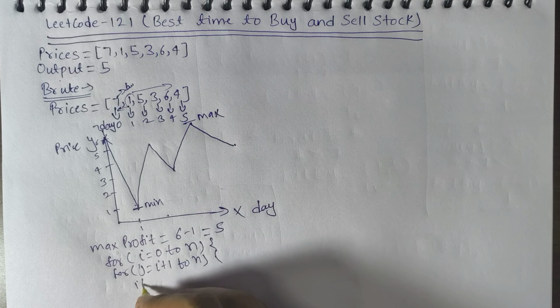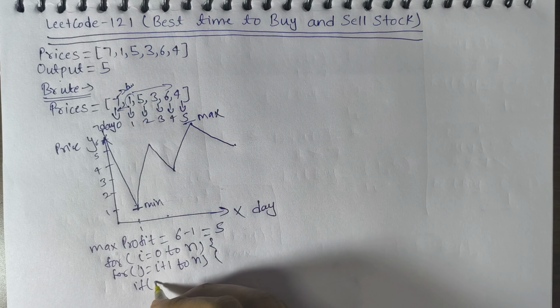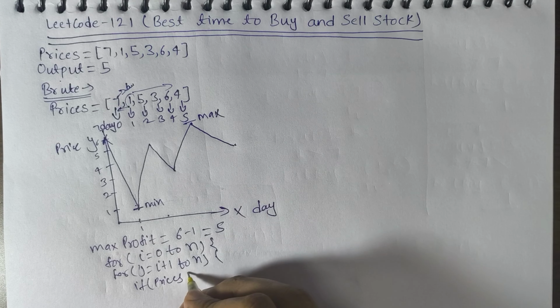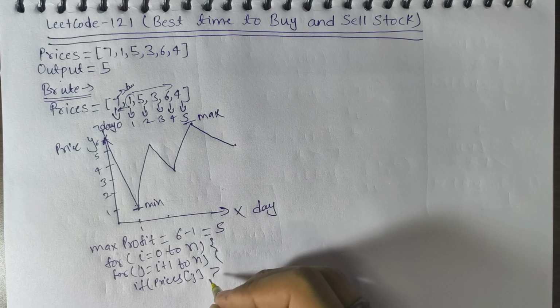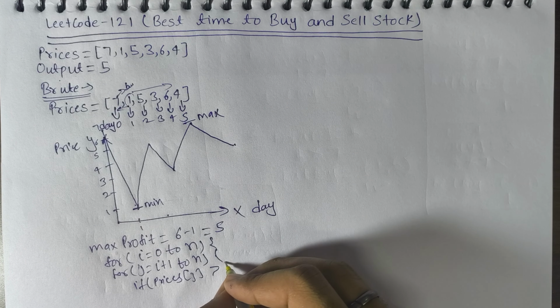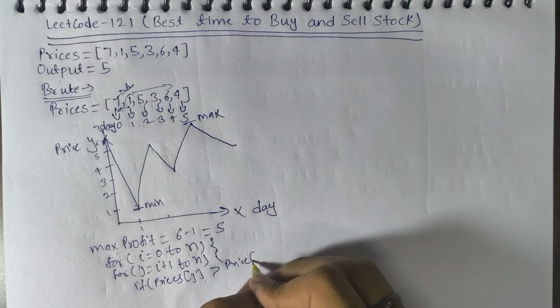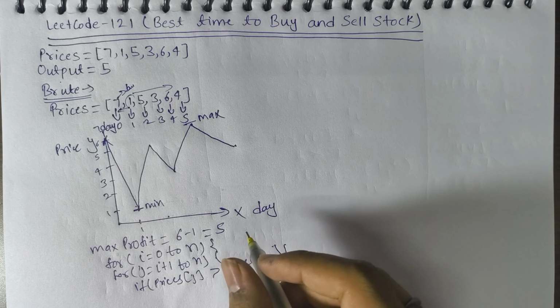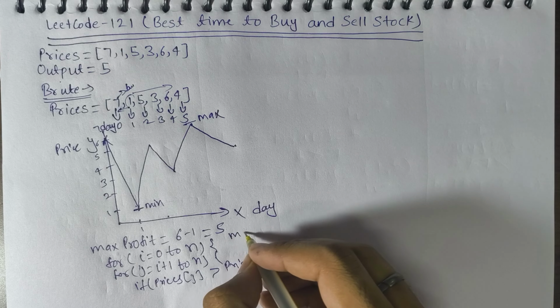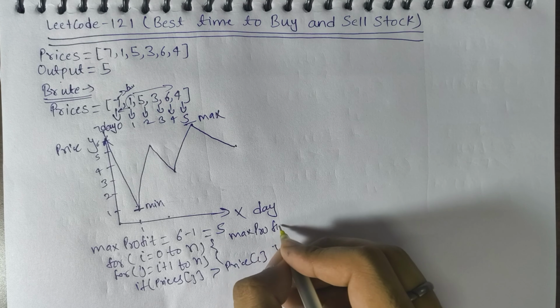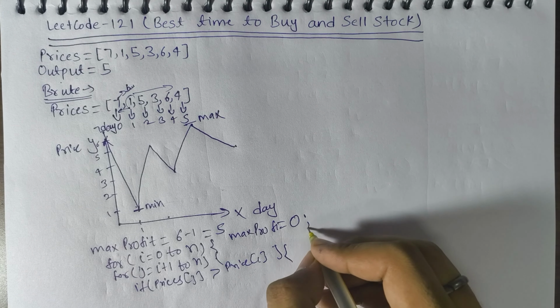So if price j is greater than price i, and we initialize max profit is equal to 0 initially.